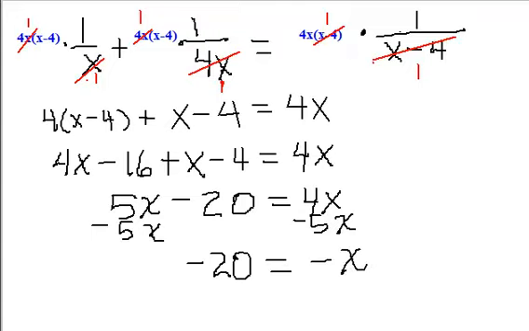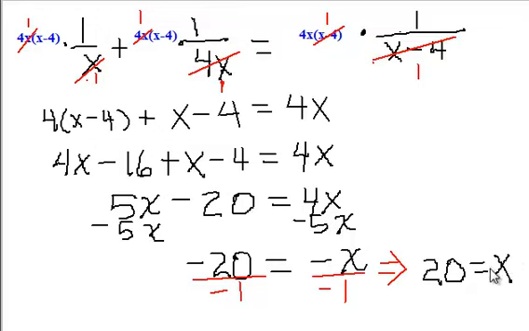And now let's divide both sides of this equation by negative 1 so that we have merely an x on one side of the equation. So negative 20 divided by negative 1 is 20. Negative x is the same as negative 1x, divided by negative 1 is simply x.